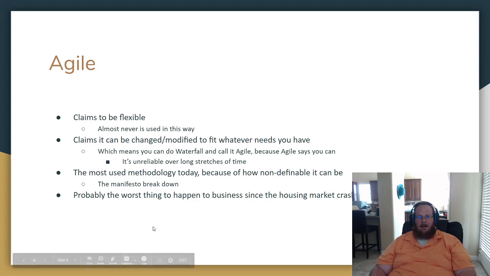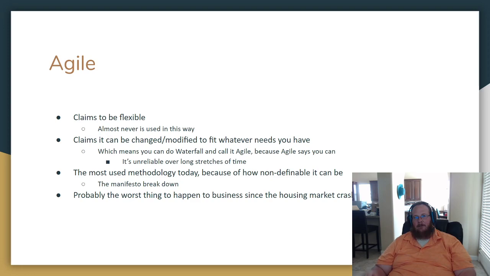It's mostly there to keep accountability off of developers when it comes time to delivery of products. And that's why I think it's the worst thing to happen to business since the housing market crash. Instead of everyone winning or losing together, it says the developers never lose.